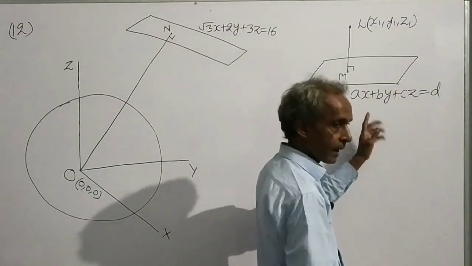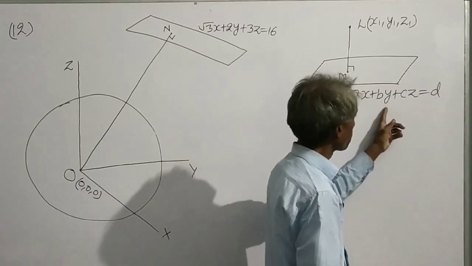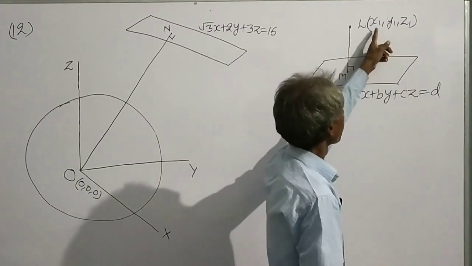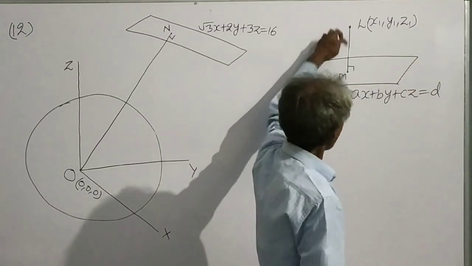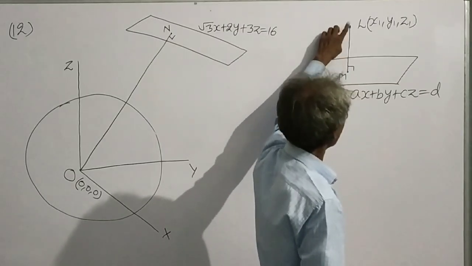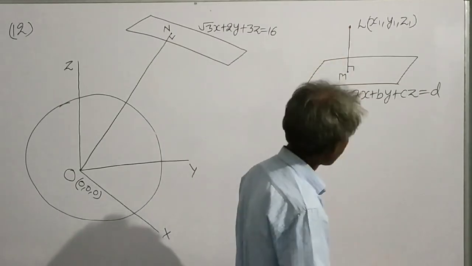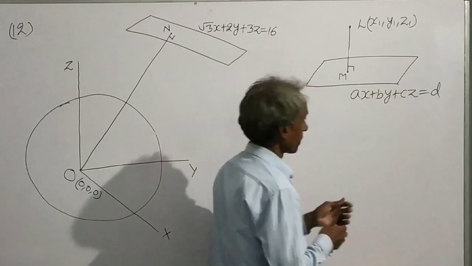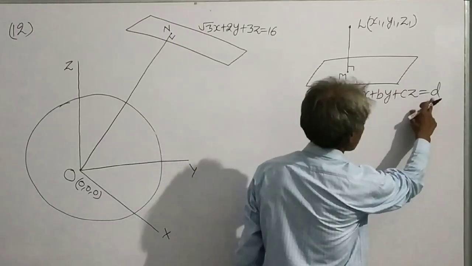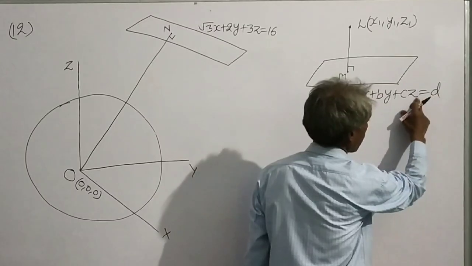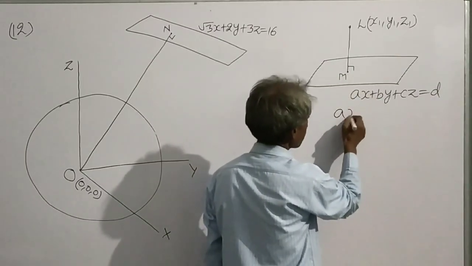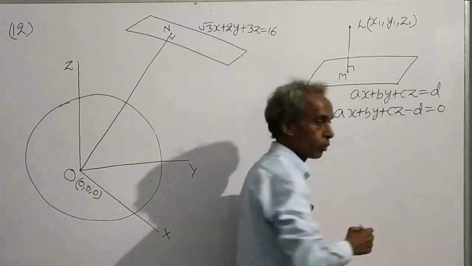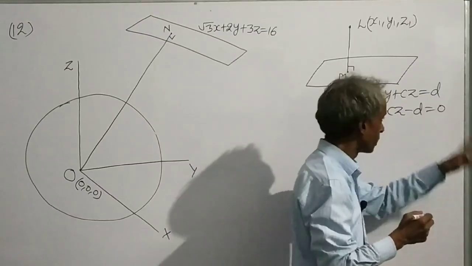If there be a plane ax plus by plus cz is equal to d, and there be a point with coordinates x1, y1, z1, and LM is the length of the perpendicular drawn from this point to this plane, then to find the length of perpendicular LM, the first thing we do is bring this d to the left hand side like this, ax plus by plus cz minus d is equal to 0, such that the right hand side becomes 0.